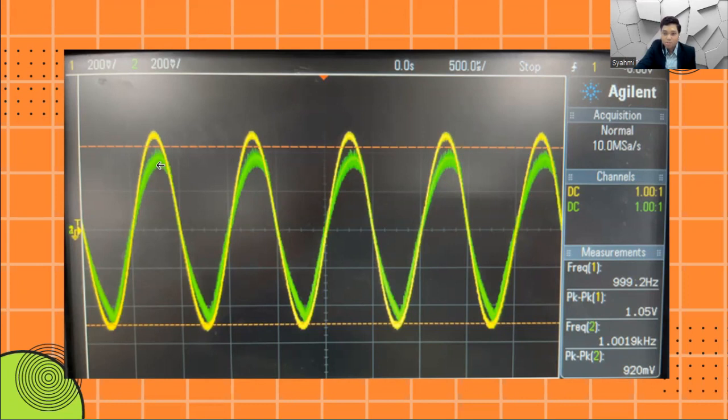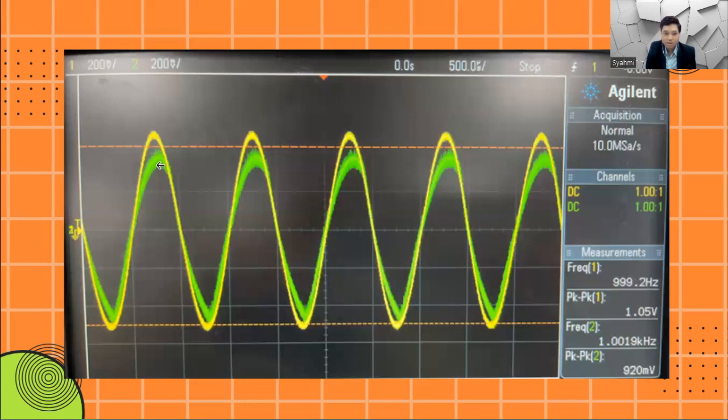However, due to attenuation or interference that occurred during the experiment, especially due to the components and the device that we used, the green signal, or the DSB-SC demodulation signal, has been affected by attenuation.